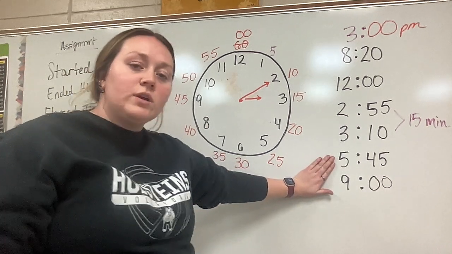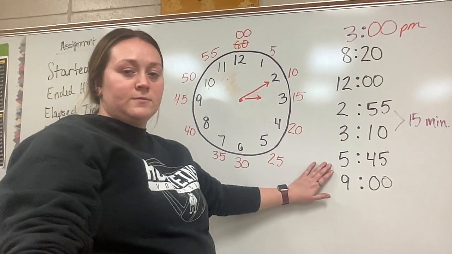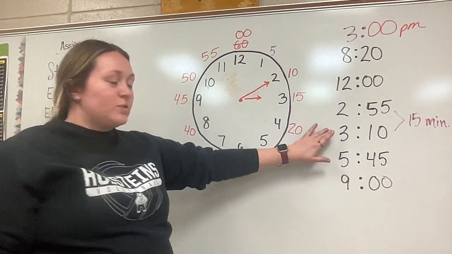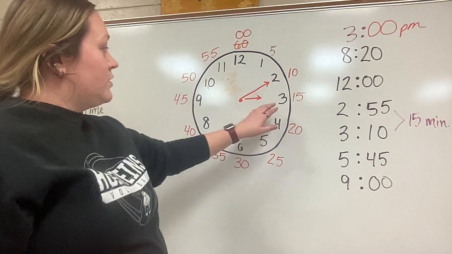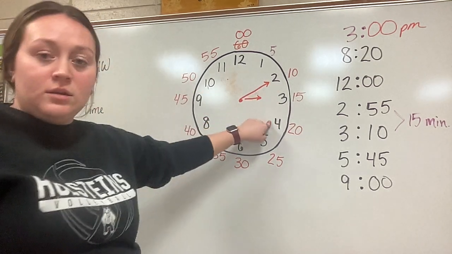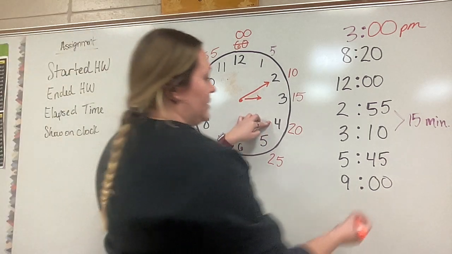Can I get a full hour in there from 3:10 to 5:45? Well, let's check. So if I go from 3:10 and I go all the way around again, now I'm at 4:10. That's 1 hour. I'm going to keep a tally here.